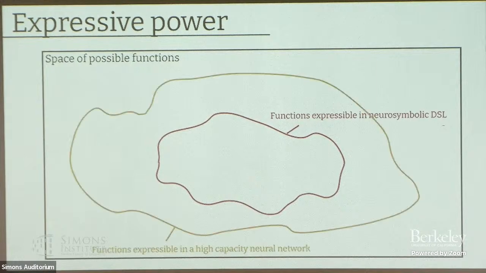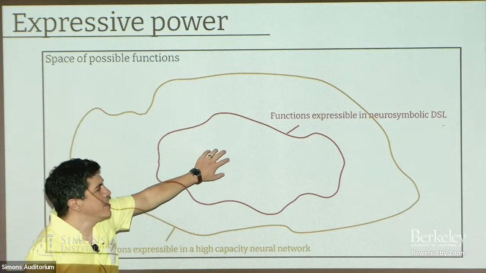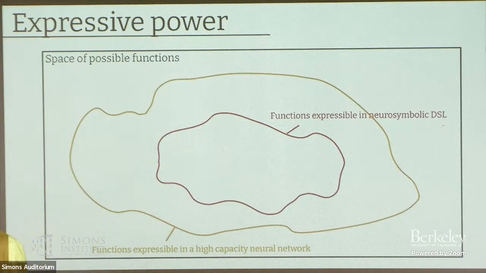And so if my neural networks have high enough capacity, I can pick a space of functions from those neural networks that is going to be a superset of the functions that I can express with my DSL, right?